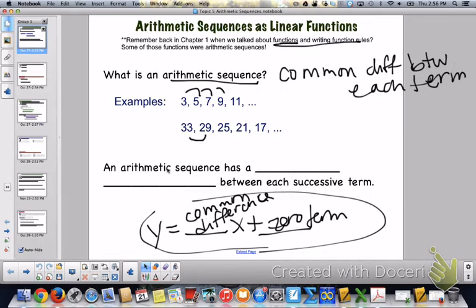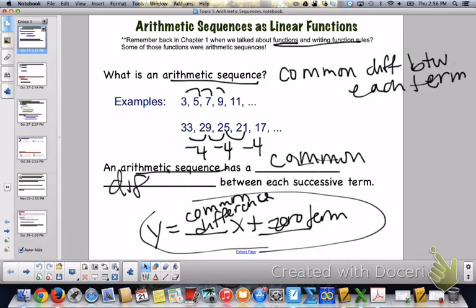The next one, 33 to 29, we minus 4. 29 to 25, we minus 4. 25 to 21, we minus 4. All right, so those are examples. They have a common difference between each successive term.